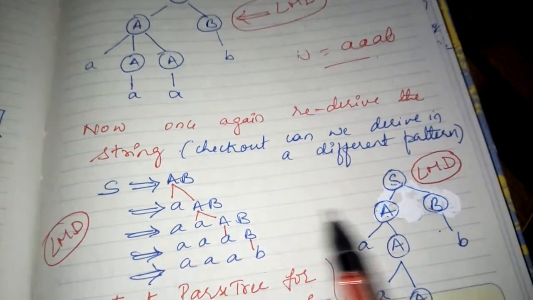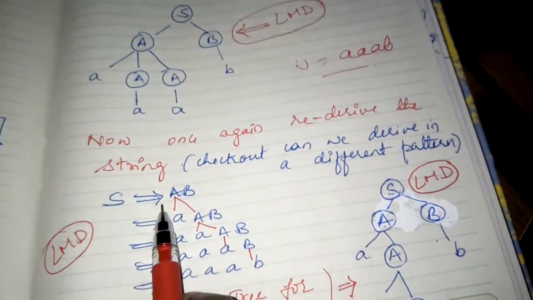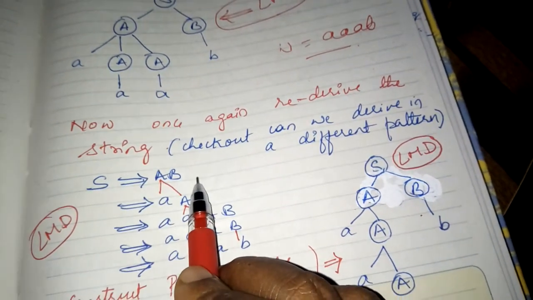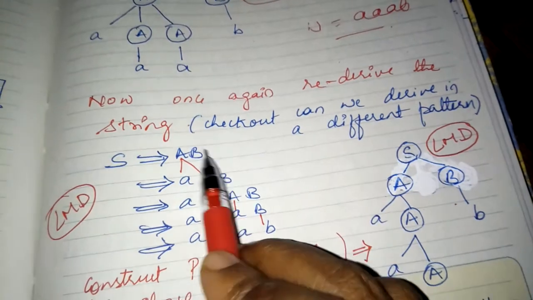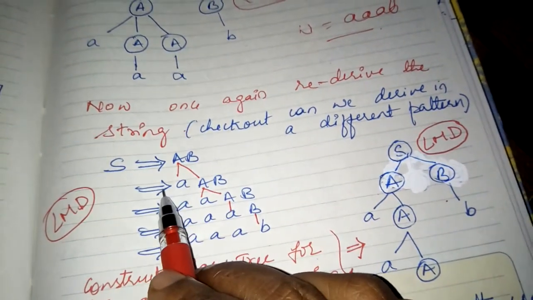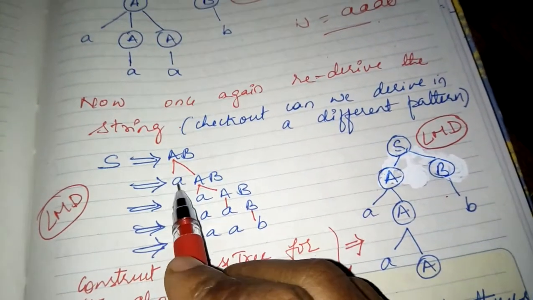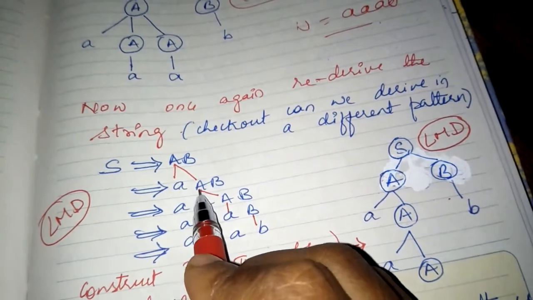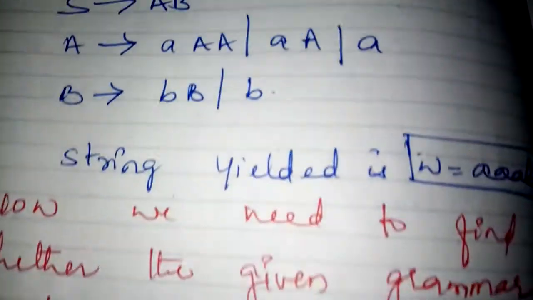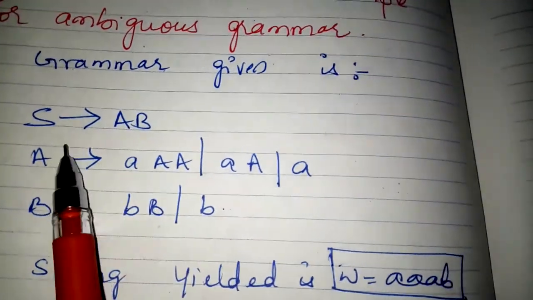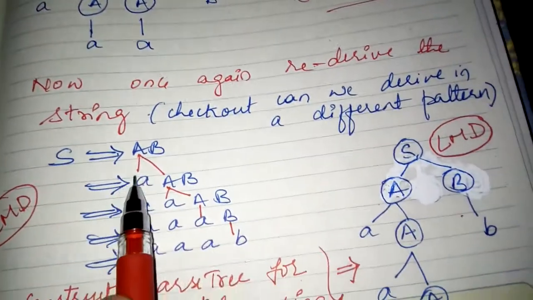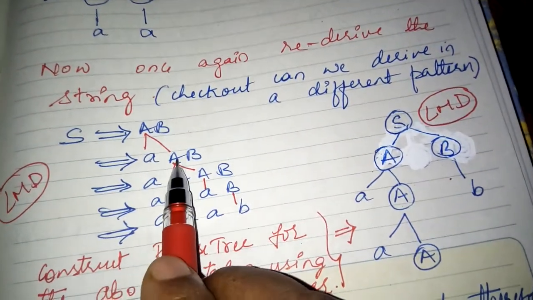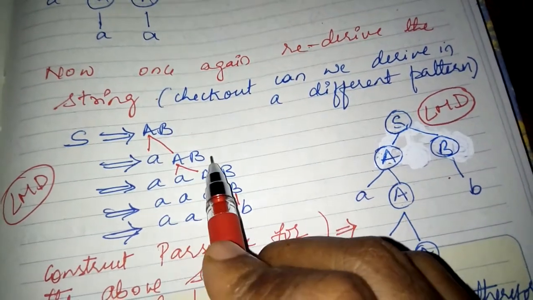For this we have written the parse tree. Now I took S derives AB. Previously also I have taken this. Now I am checking whether I can get a different branch for the same grammar. Yes, now A derives AA, you have this derivability also in the grammar. So A derives capital A A, and you keep B as it is.